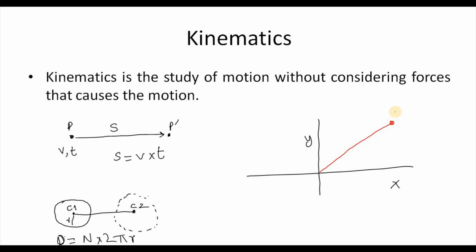Some sort of pendulum, and the end point is located at point P. This angle theta is known, and what we want to find is the location of this point, the xy coordinates, where they are located. So how can we do that? We can use kinematics because there are no forces involved.